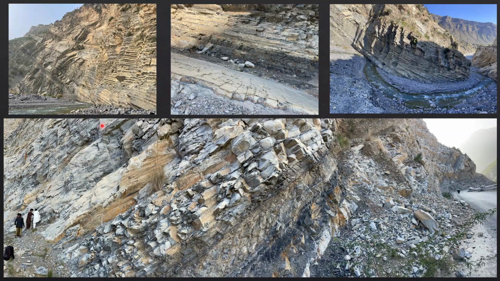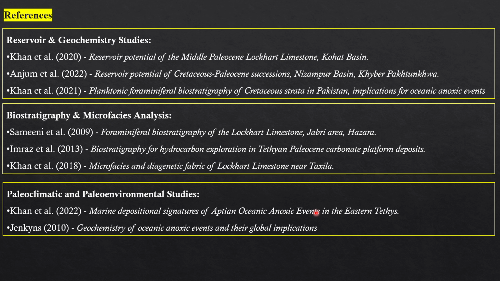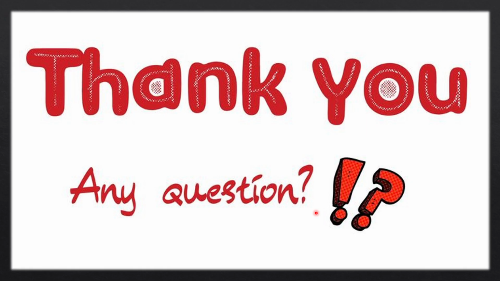And this is the last field picture of the Cretaceous strata, interbedded limestone, where we have the different OAE oceanic anoxic events located. This is basically the reference list of the different papers which I studied on Paleocene and Cretaceous strata, especially the paleoenvironment analysis.